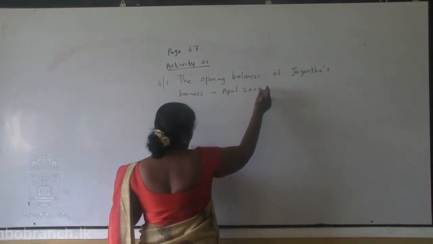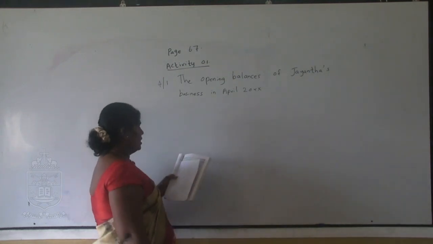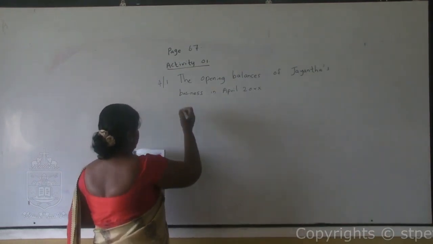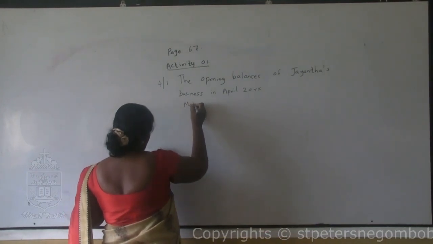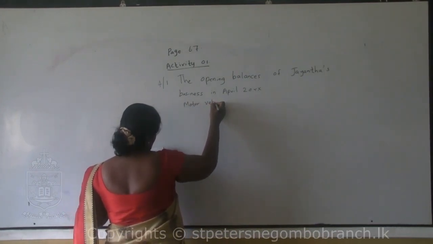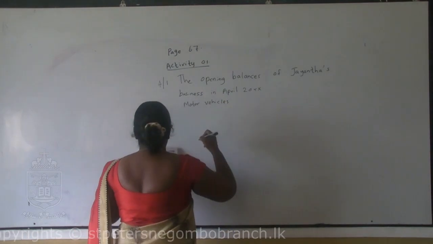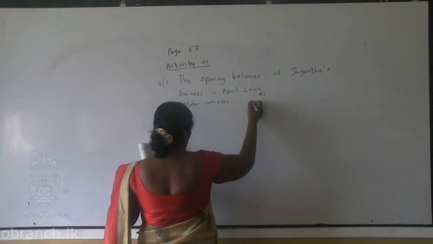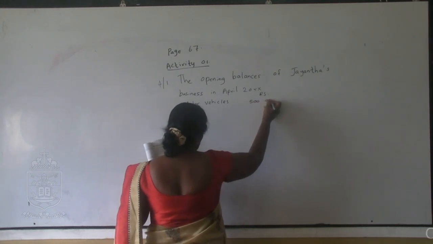According to the amounts you have been given, write motor vehicles 500,000. Here you should write the rupee value, 500,000.